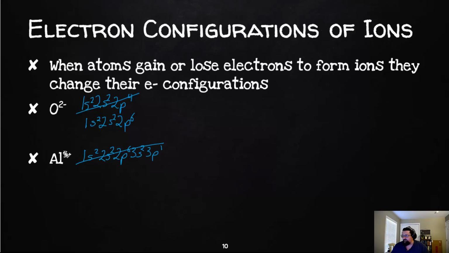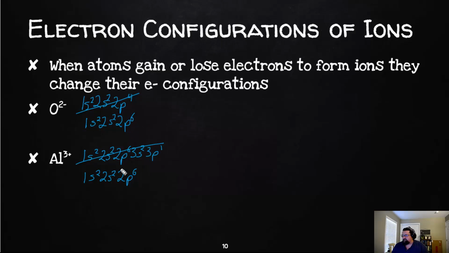When it has a positive 3 charge, it's going to lose 3. So it loses that one there and those 2, meaning it also becomes 1s2, 2s2, 2p6. That's the electron configuration of a noble gas, that it ends in that 2p6. And coincidentally, look at this, they're the same.